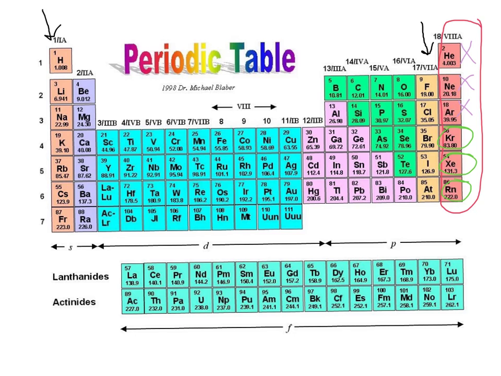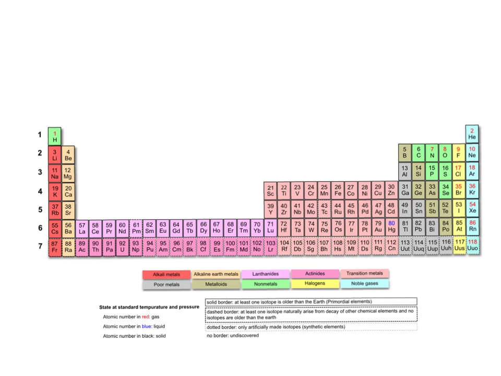If we take a look at the periodic table, which as we can see here is the actual periodic table in long form, we can see that in this area from here all the way over to here, all of this is called transitional metals.